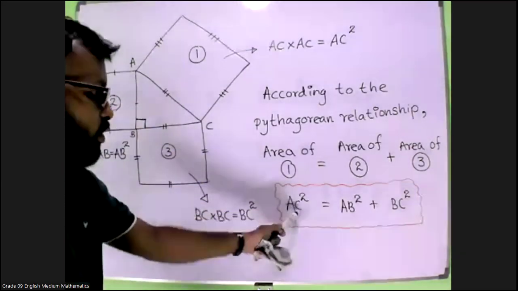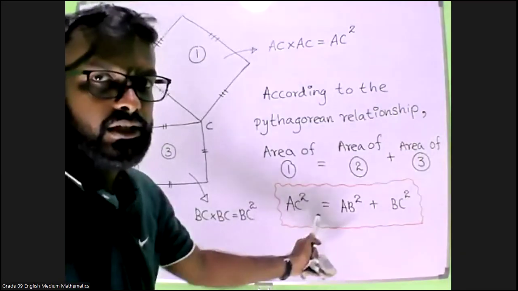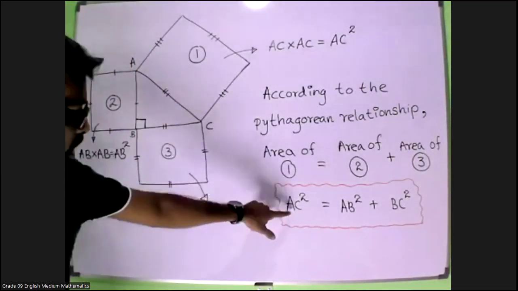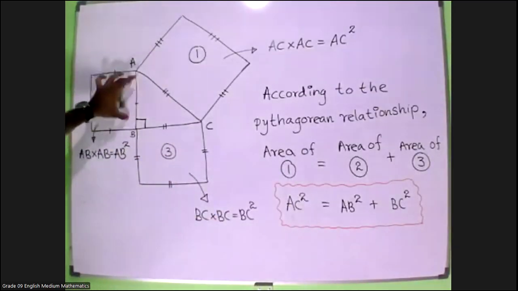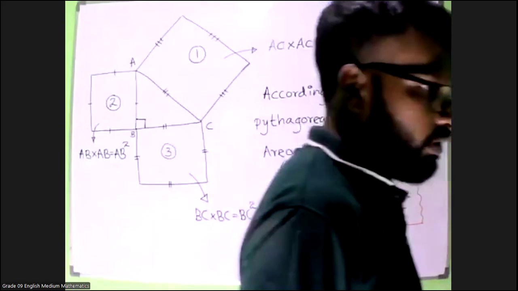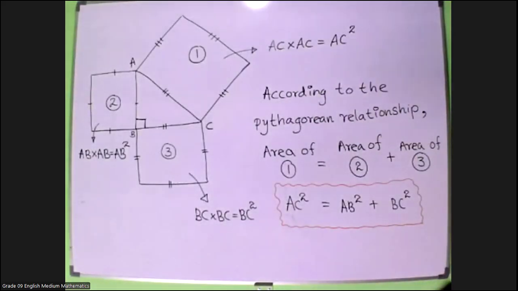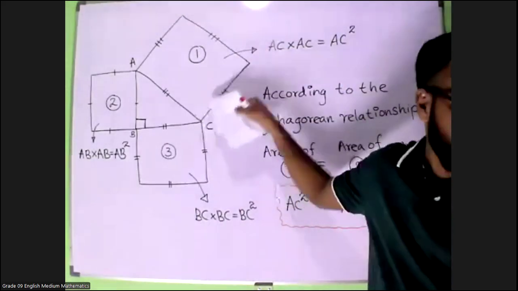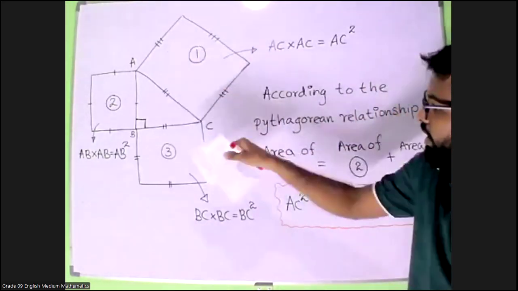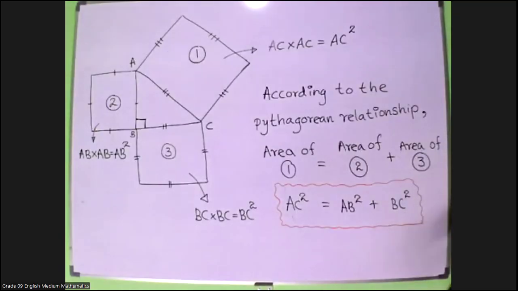So you need to write down the Pythagorean relationship like this: AC square equals AB square plus BC square. Please draw the picture first, then write this down, and let me know.